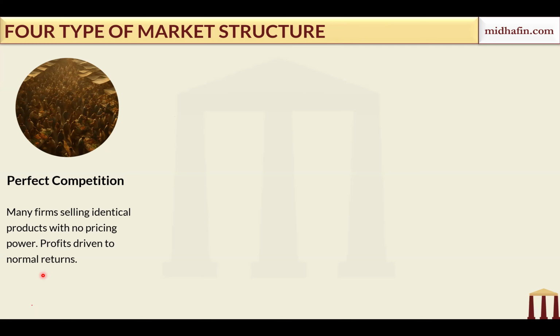Of course, there are grades in wheat also, but if we are talking about a single grade of wheat only, then the quintal of wheat from one farmer will be the same as a quintal of wheat from another farmer. That is why in such markets, the firms can only have normal returns in the long run, because free entry and exit push the profits down.